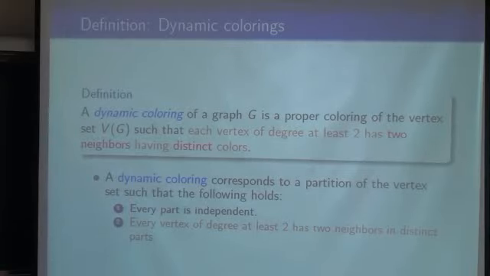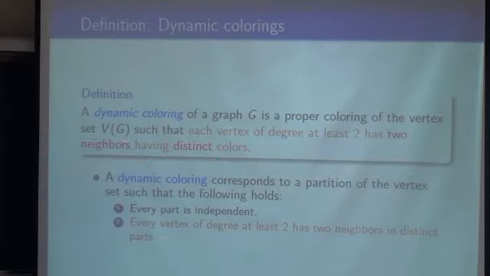Like that, a dynamic coloring corresponds to a partition of the vertex set such that the following holds. First, every part is independent, which is from the proper coloring condition. And the second condition is like this: every vertex of degree at least 2 has two neighbors in distinct parts. This condition is from the dynamic coloring condition, right?